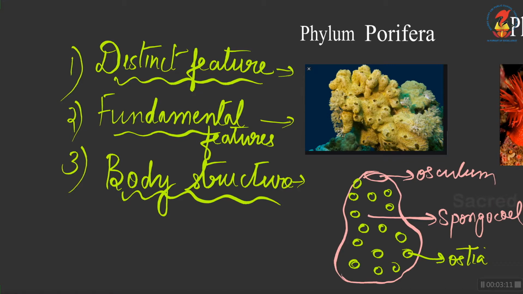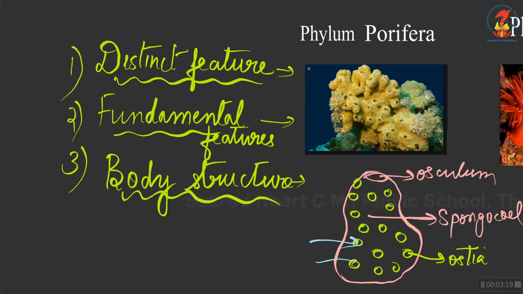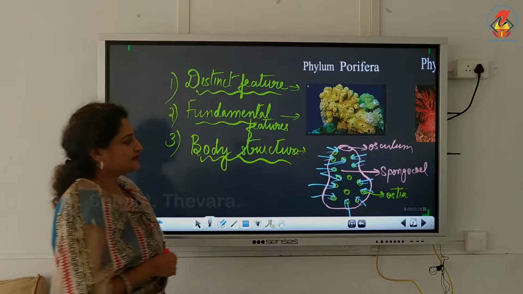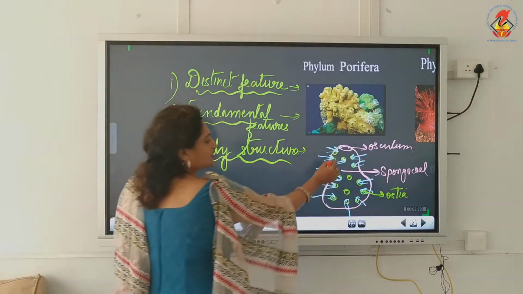So basically I have described 3 parts. The body wall bears pores called ostia. Through the ostia the water gets in. See, water is getting in through the ostia, minute pores. That's why it gets the name Porifera, because it is a pore-bearing animal. Then through the ostia the water gets into the body cavity.